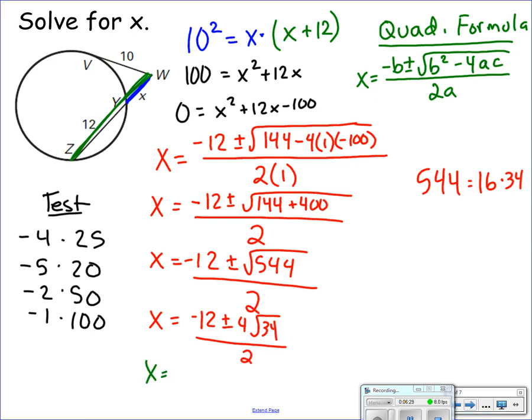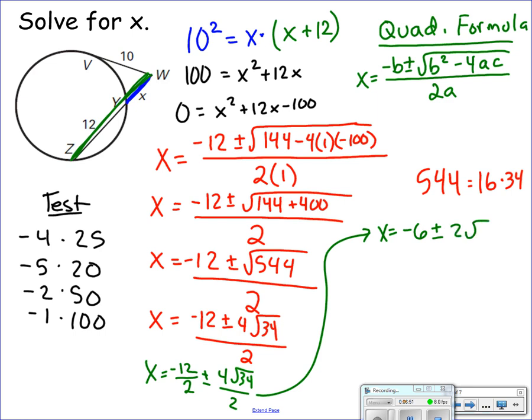Remember that this means negative 12 over 2 plus or minus 4 root 34 over 2. So I have x equals negative 6 plus or minus 2 root 34. The 2 and the 4 cancel to be a 2. Those cancel to be a negative 6.